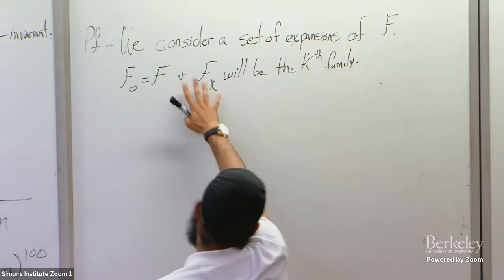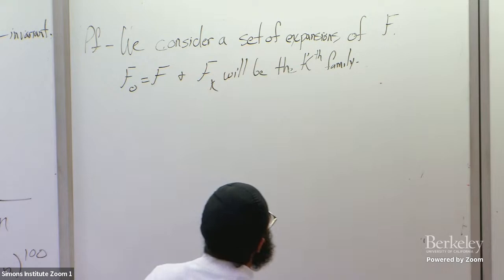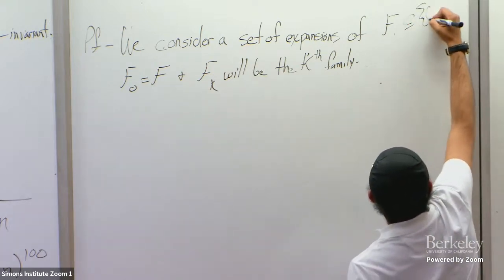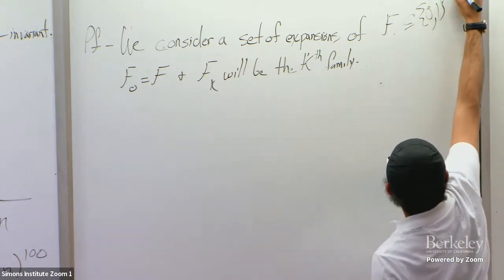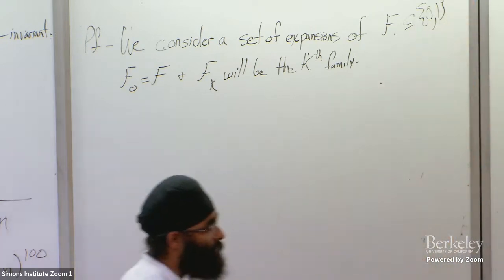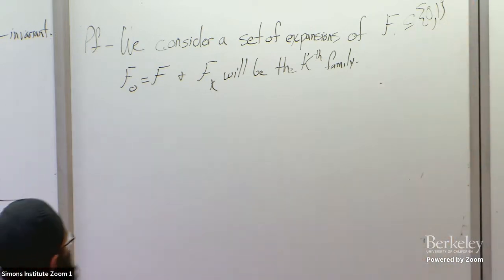I'll think of capital F as a subset of {0,1} to the n choose 2. And all of these will be families of graphs, so they'll be S invariant.